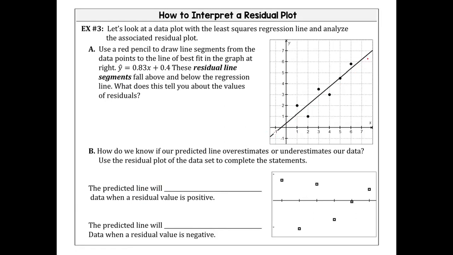When you have a regression line, the residual values can be positive, negative, or 0.